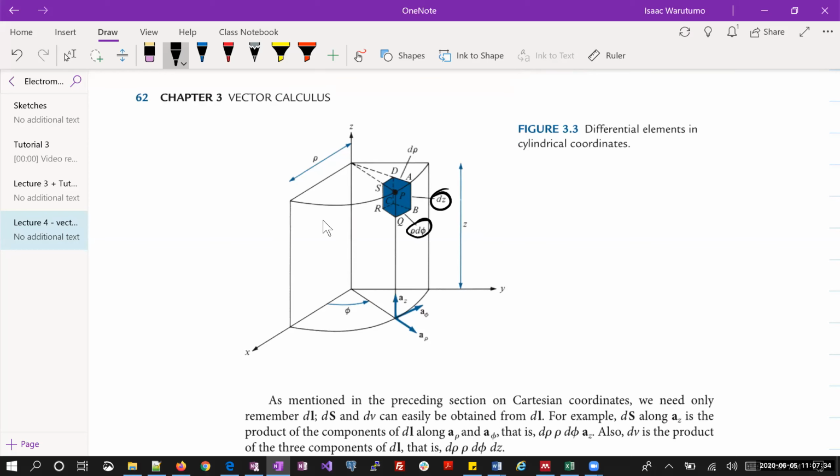So you simply say the volume dV is equal to rho d rho d phi dz. And remember, this one is a scalar. It doesn't have any direction, so you don't include some funny things there.